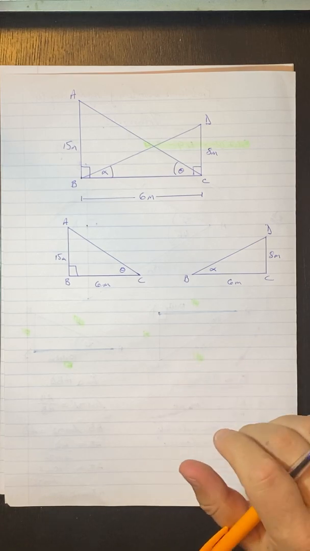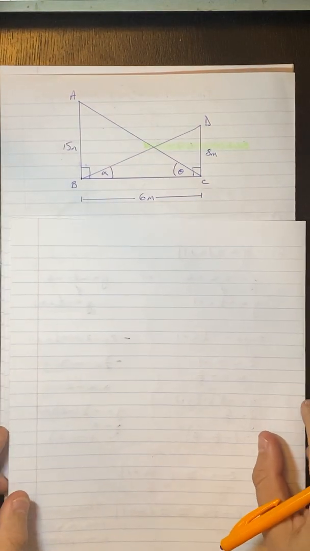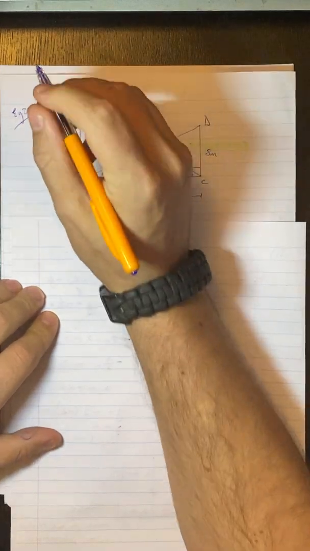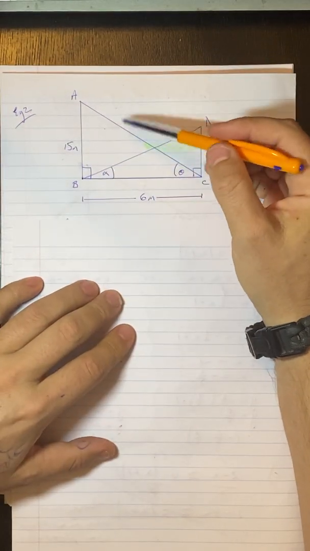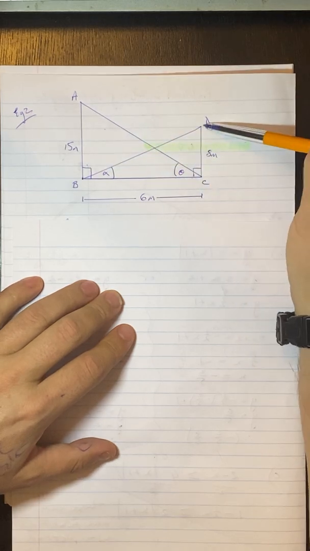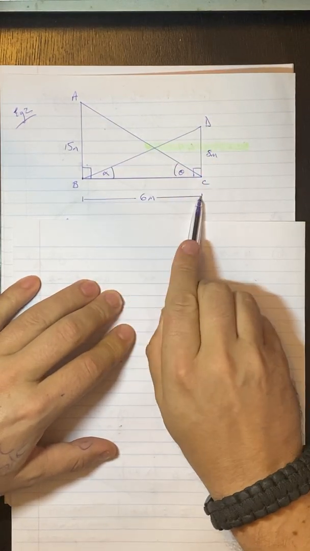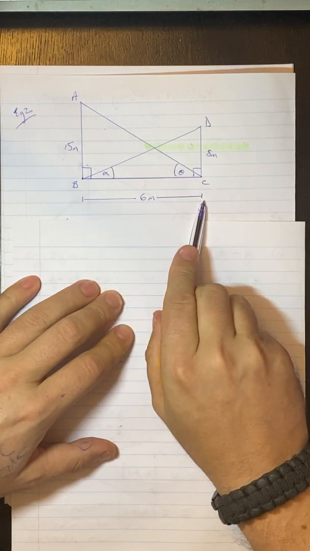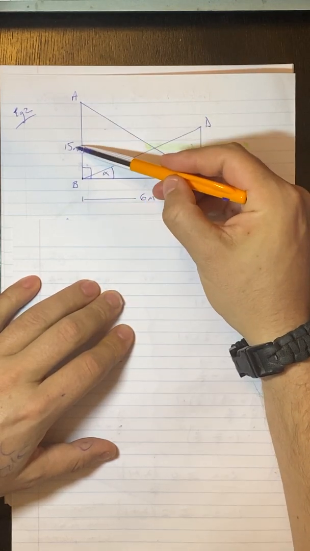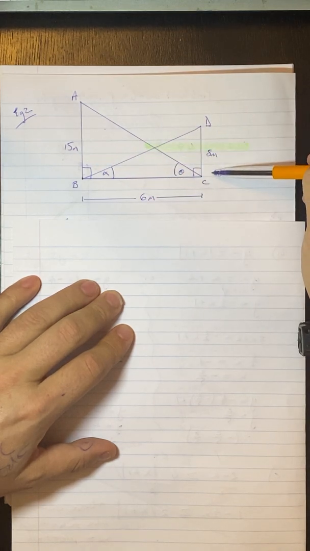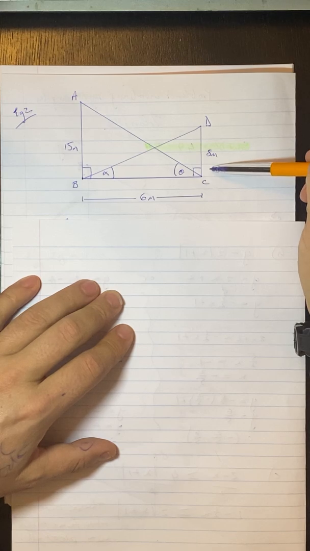Okay, example 2. Example 2 is saying 2 flagpoles, which would be AB and DC, those are your flagpoles, are 6 meters apart. One flagpole is 15 meters high and the other is 8 meters high. 2 ropes connect the top of each pole to the foot of the other.